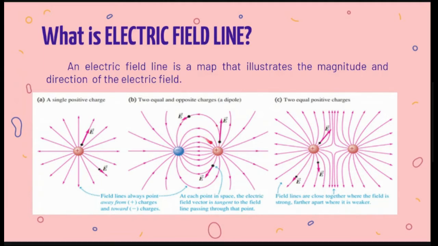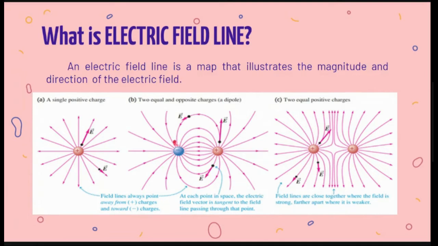It doesn't go from this point on the surface of the charge, it doesn't go here, but it goes here, because the electric field line should enter or should be perpendicular to the surface area of our electric charge. Since these two are identical and spherical in nature, they should be the same.